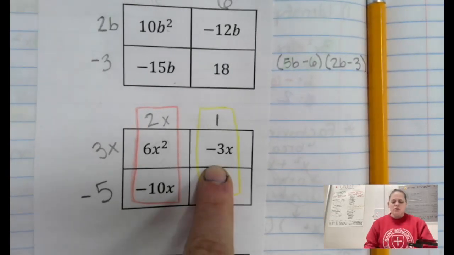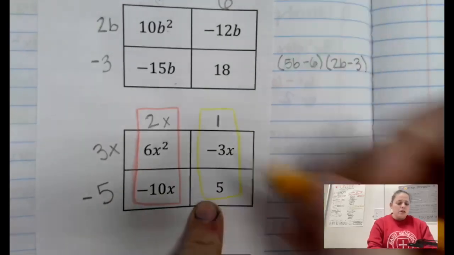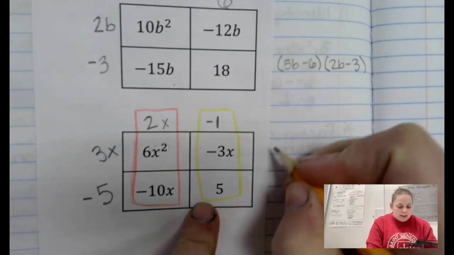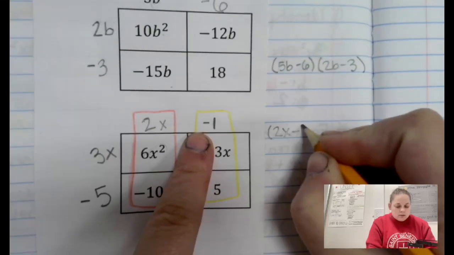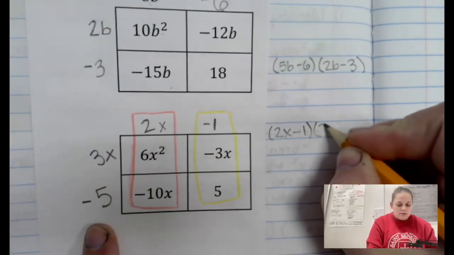No, 1 times 3x is just 3x. 1 times negative 5 doesn't make positive 5. So this will have to be a negative 1. So for our final answer here, we're going to get 2x minus 1 and 3x minus 5.